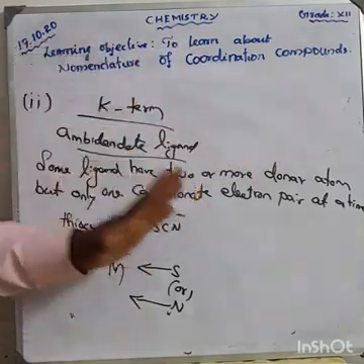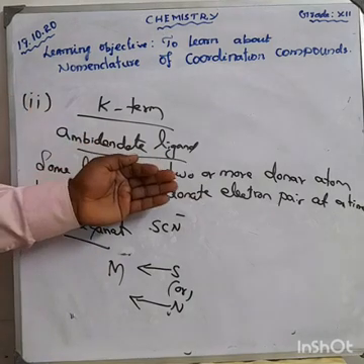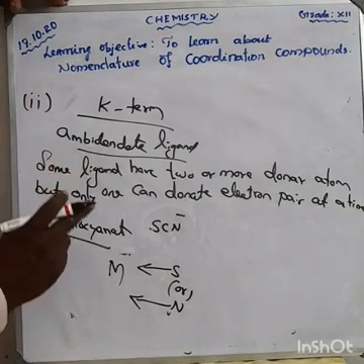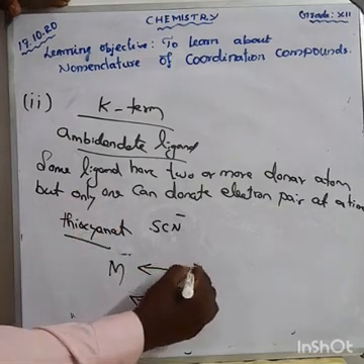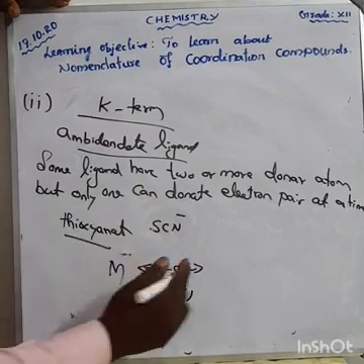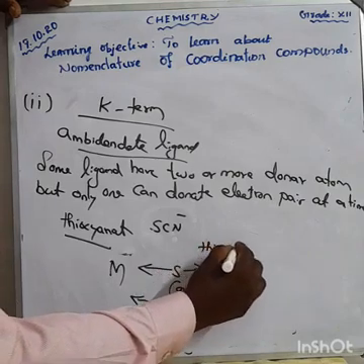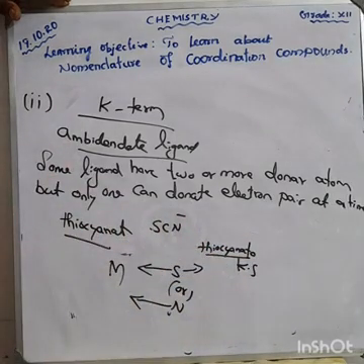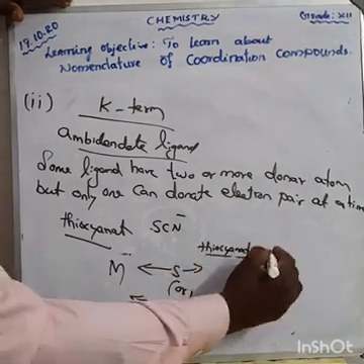In a certain condition, if sulfur forms a coordination bond with the metal, then the name we give is thiocyanato-κS. What name do we give for sulfur binding? Thiocyanato-κS. Sometimes, don't use the dot here.